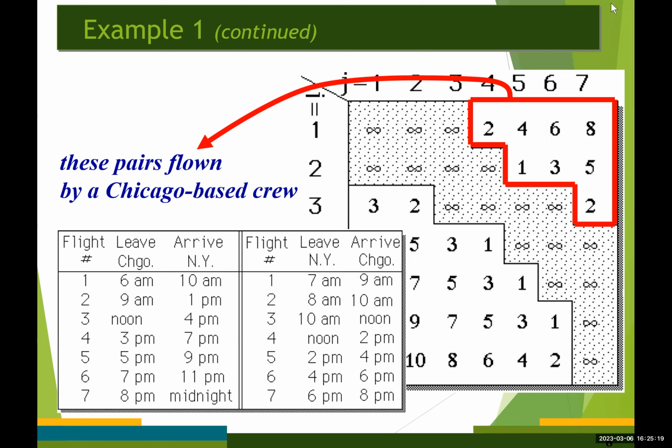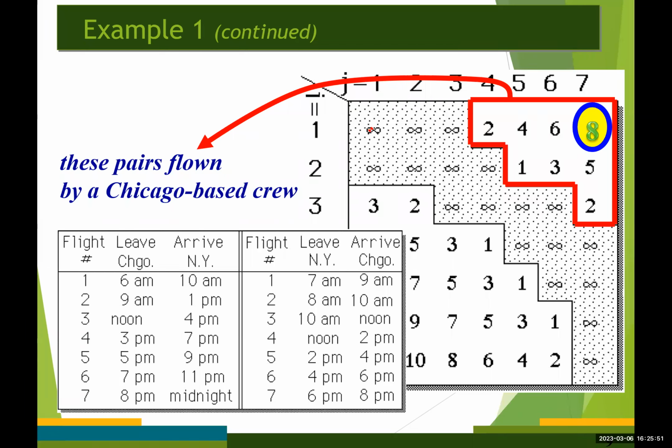These pairs are flown by a Chicago-based crew. So, for example, this number 8 came from the layover time for the Chicago-based crew, right?